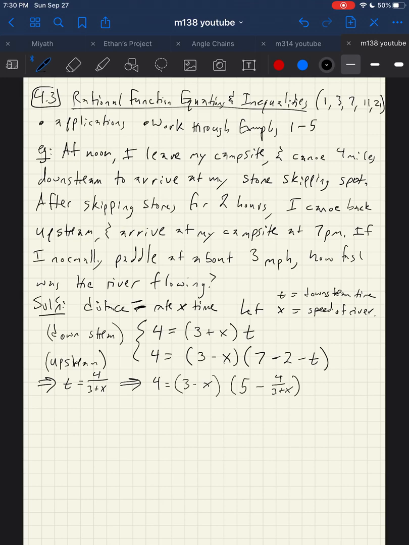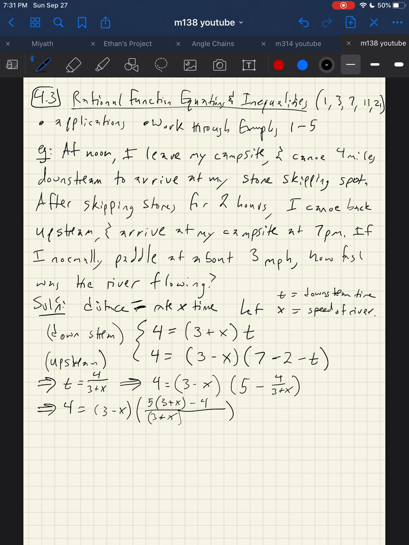Well, I've got to add some fractions here. So in order to do that, I'm going to leave the 4 alone. I'm going to leave the 3 minus x alone. But now I need to find a common denominator between this fraction and this constant 5. So I'm going to write this as 5 times 3 plus x divided by 3 plus x minus 4 over 3 plus x.